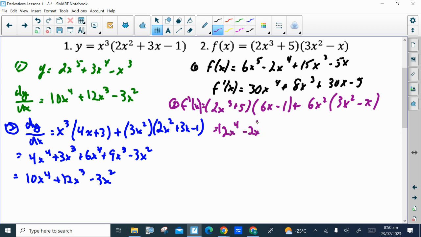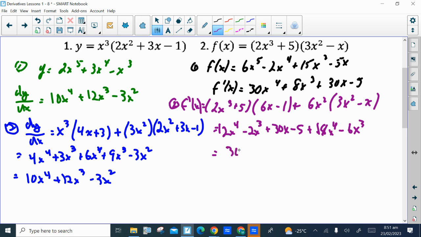The outer product's minus 2x cubed plus 30x minus 5 plus 18x to the 4th minus 6x cubed. So 12 and 18 x to the 4th will give us 30x to the 4th, which we needed.